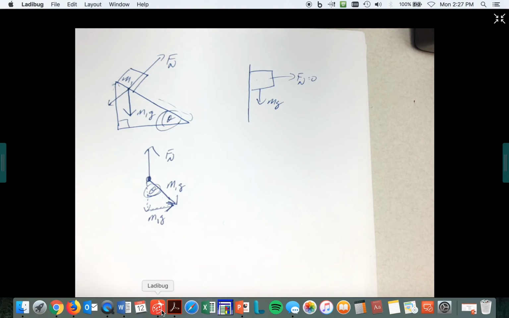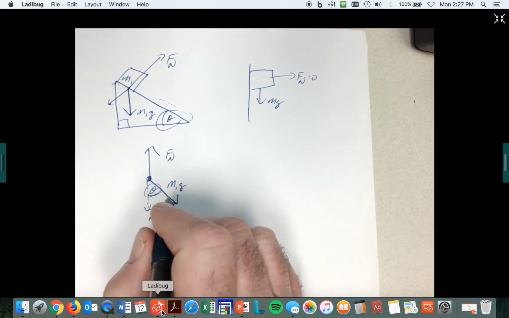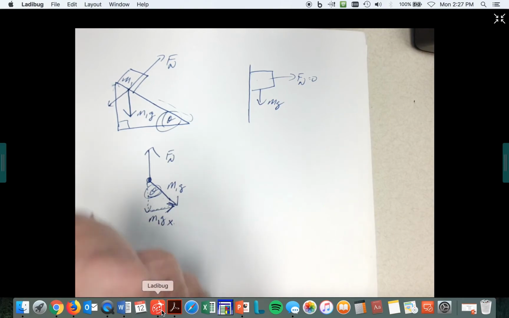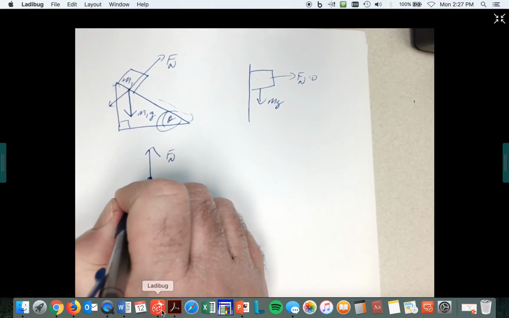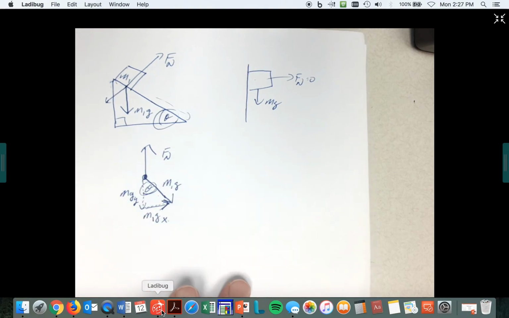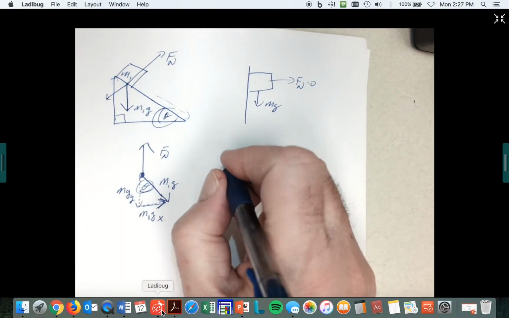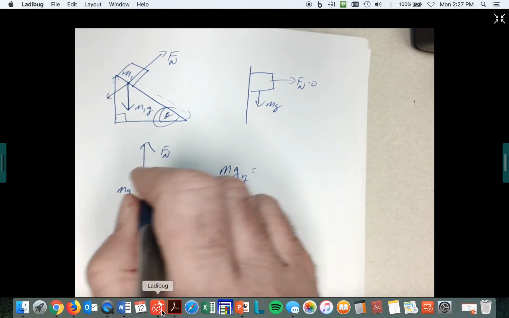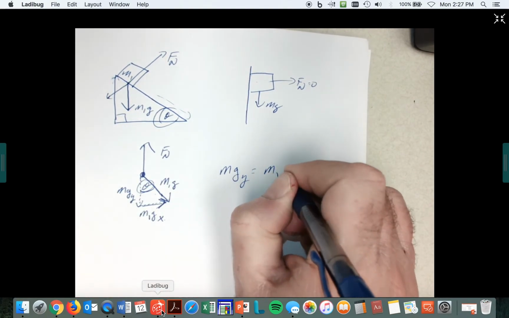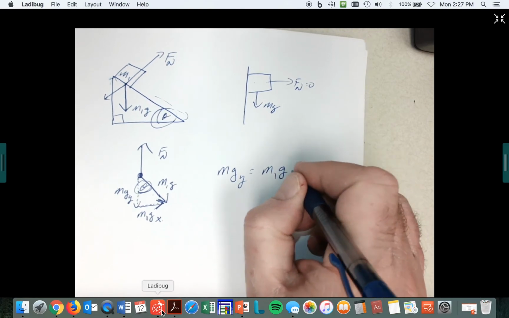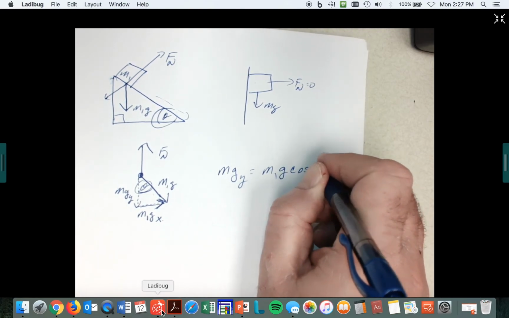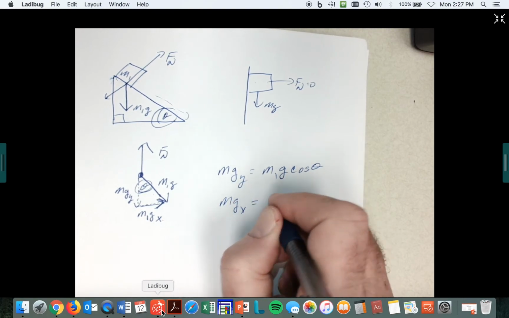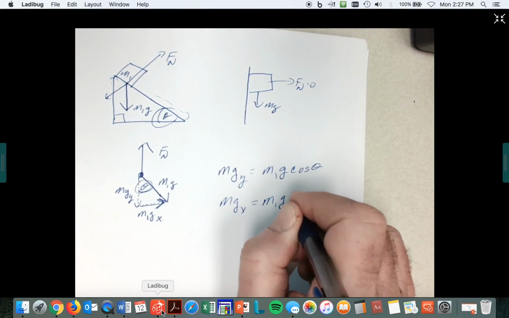So I've got an mgx, but notice x this time is the opposite leg, and an mgy. mgy is equal to m1g times the cosine of the angle. mgx is equal to m1g times the sine of the angle.